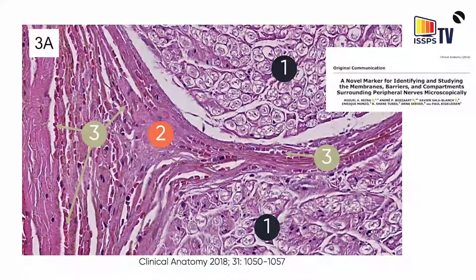We use this marker because it stays in the compartment into which it has been injected and does not cross barriers. With this solution, we were able to show confidently that intraneural spread was only possible between cells. The cells of the perineurium and fat cells, and only between cells and nowhere else.